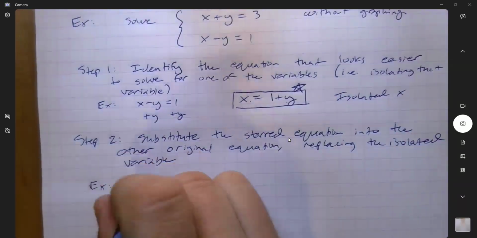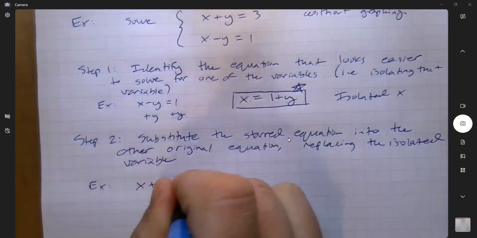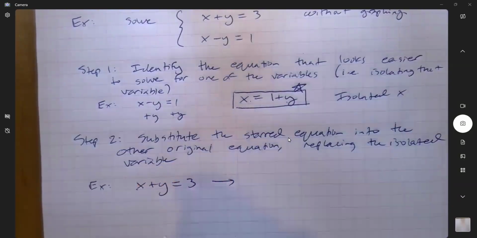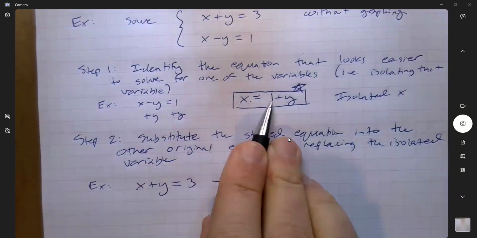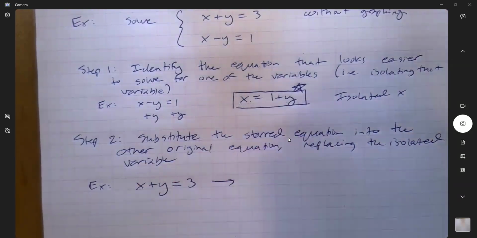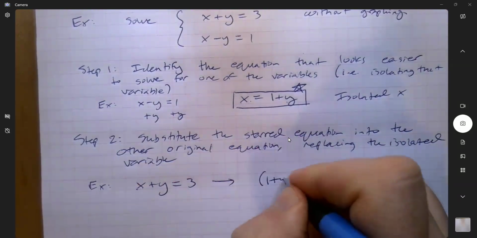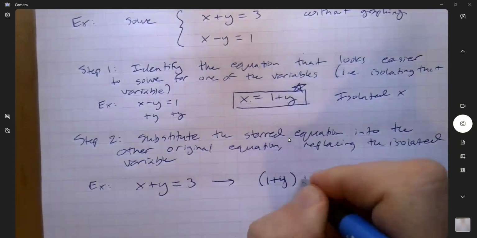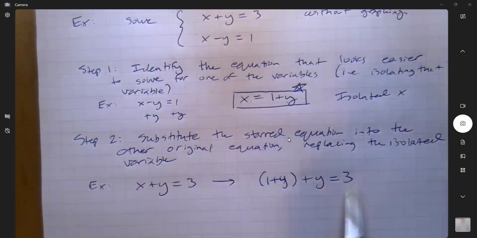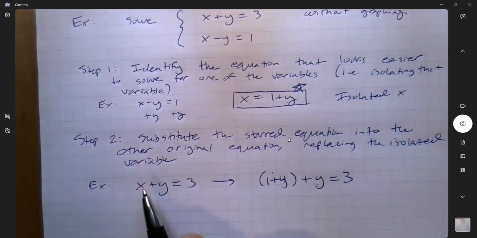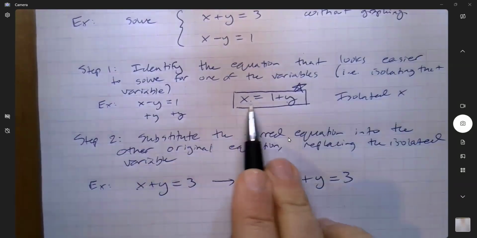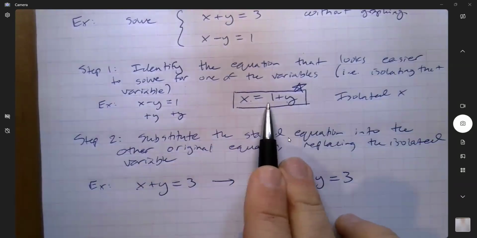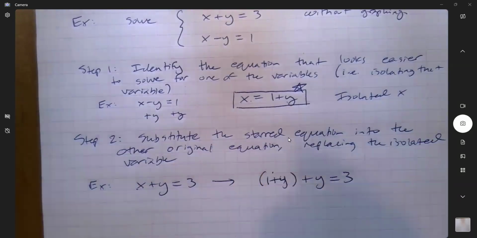So I'm going to take my other equation, which is x plus y equals 3, and every time I see an x, I'm going to use the starred equation, x equals 1 plus y. So instead of x, I write what x equals in terms of the starred equation.